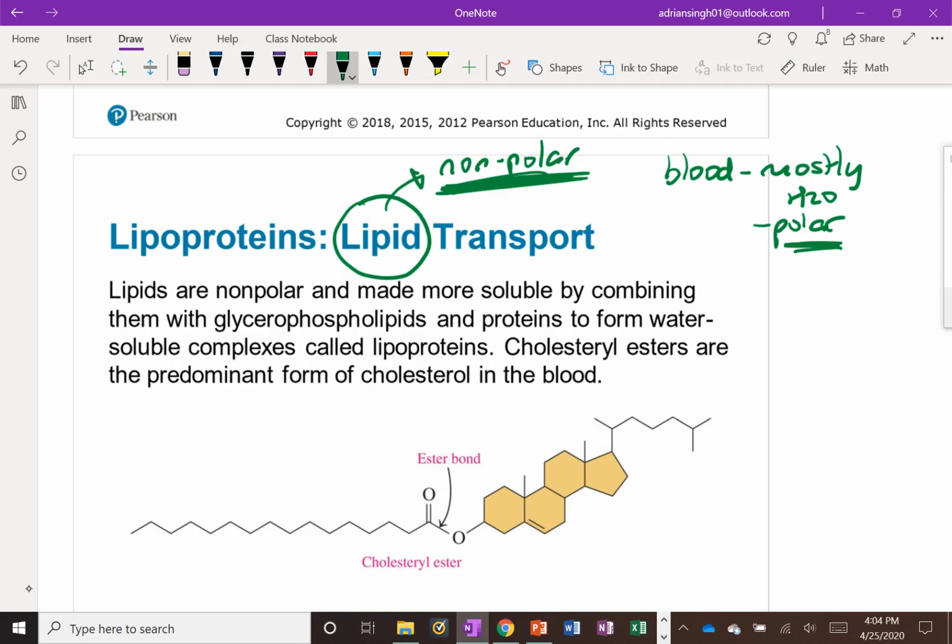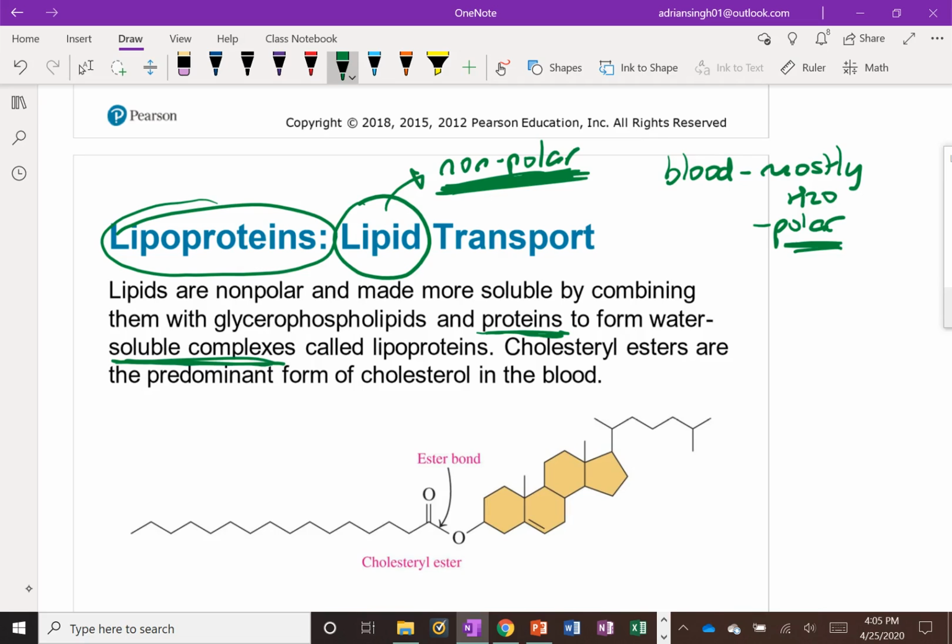Well, how do we make the lipids in a way such that they will dissolve in the polar bloodstream? Well, we convert them into molecules known as lipoproteins, where we combine them with proteins to form water-soluble complexes, right? So the fact that now we're adding some sort of regions or parts to your lipids changes their characteristic.